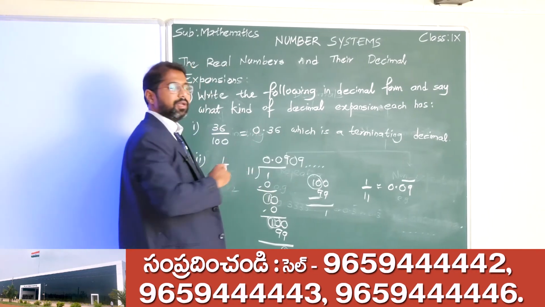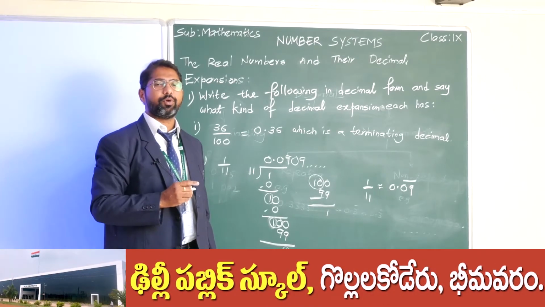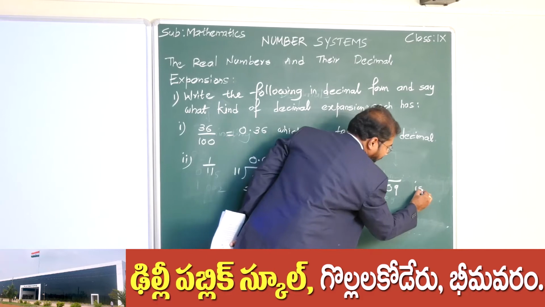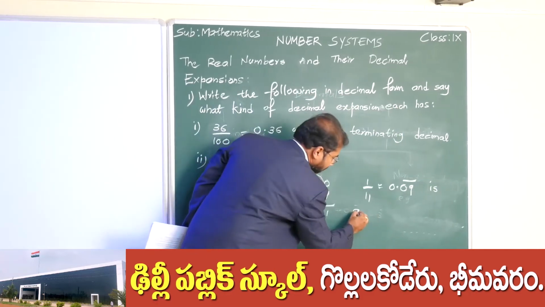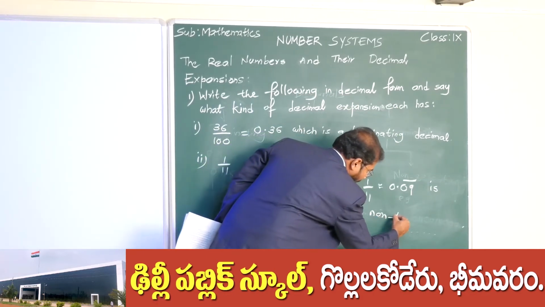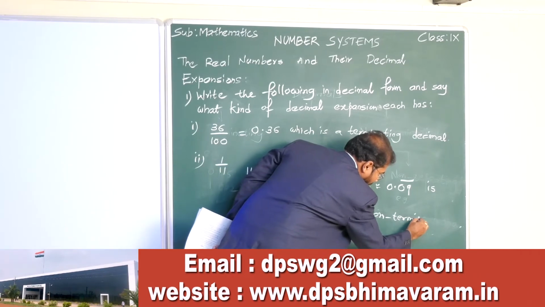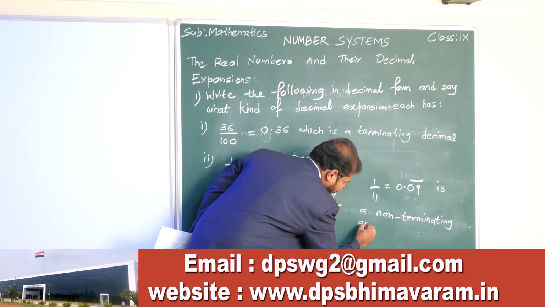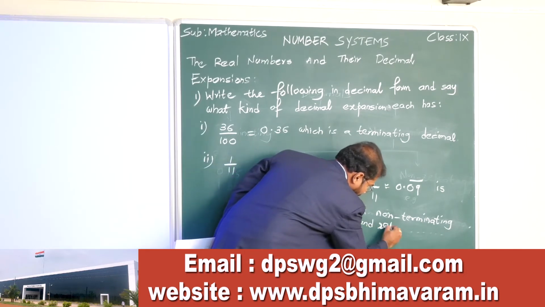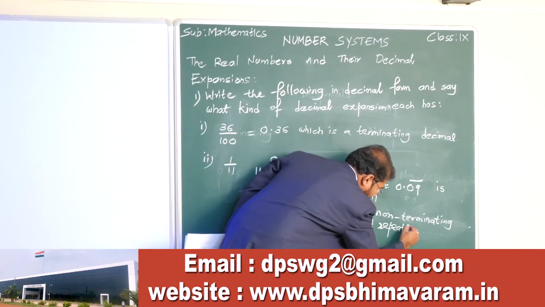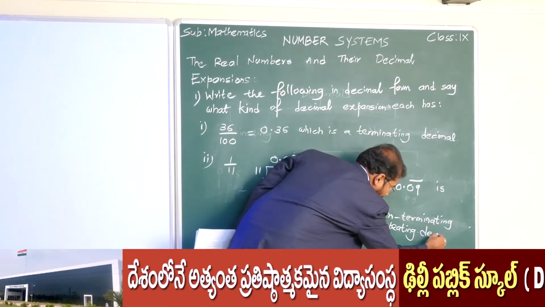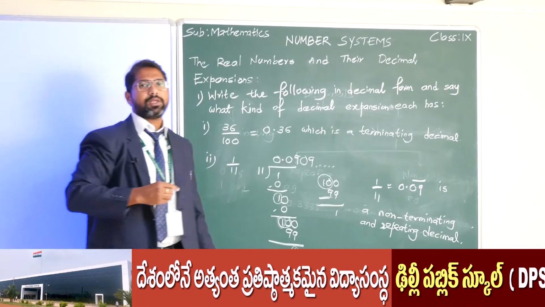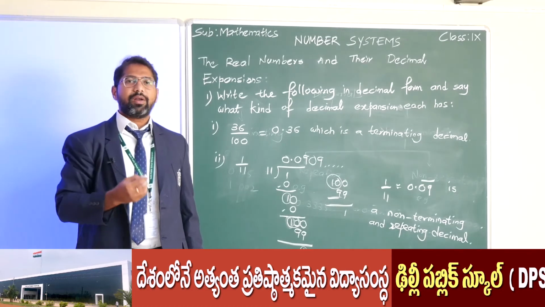Therefore, 1 by 11 is equal to 0.09 bar, a non-terminating repeating decimal. Now let's see one more example.